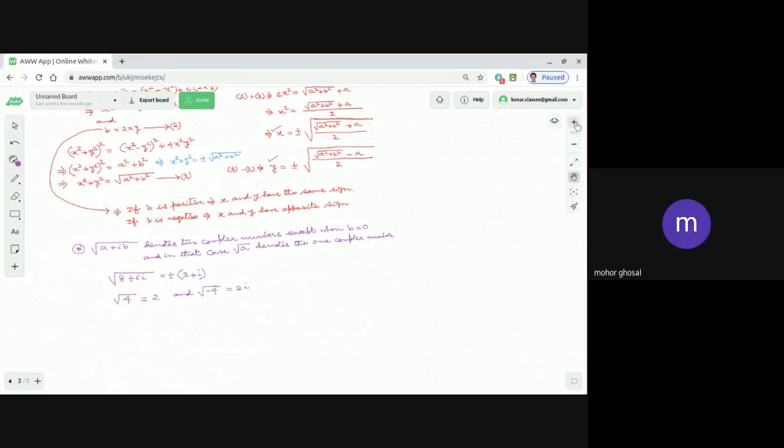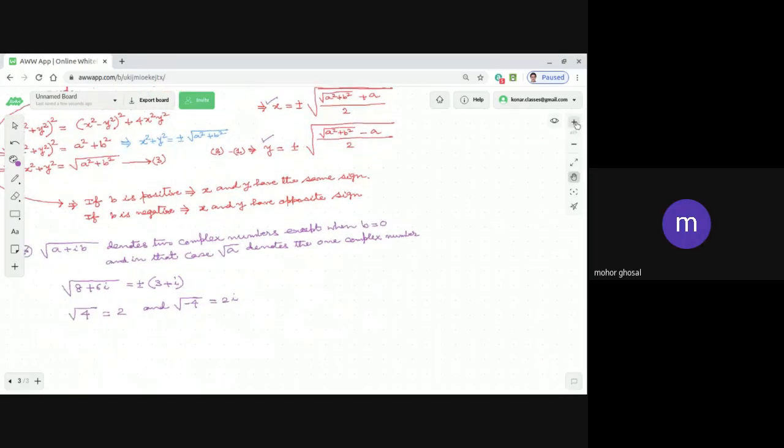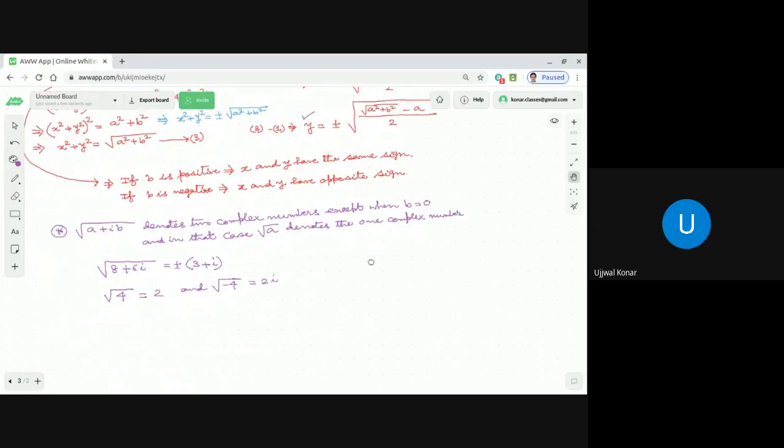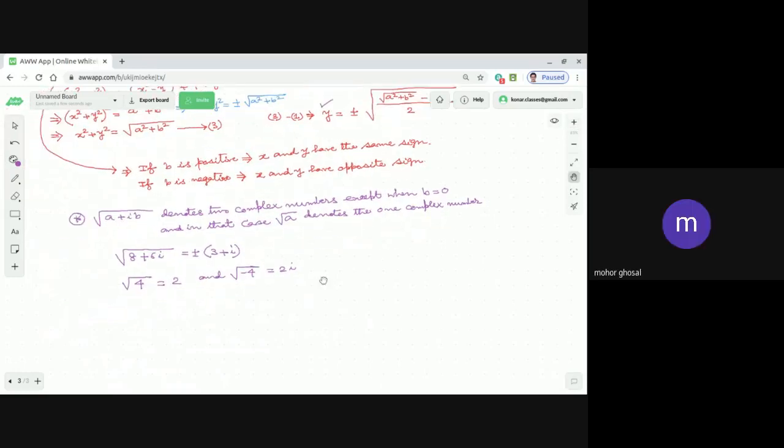So why can't we take plus minus 2, like for root 4? Now, let me give you the background.